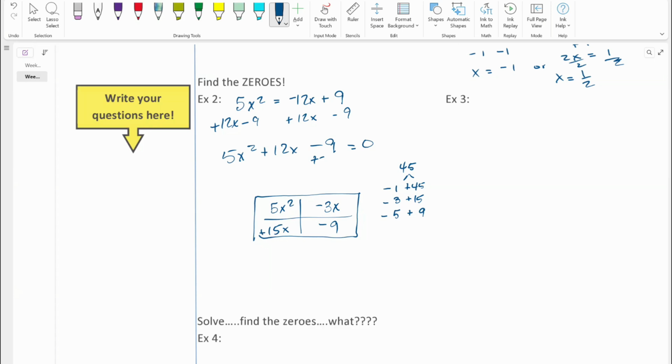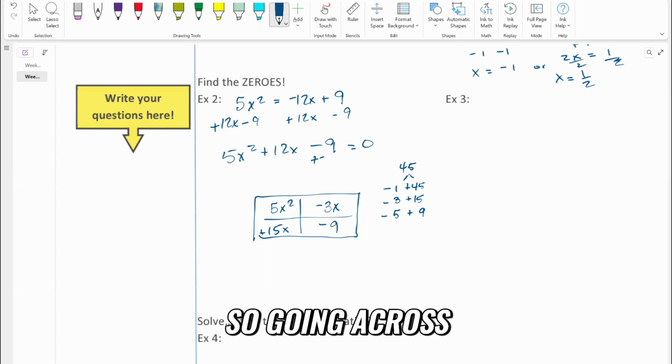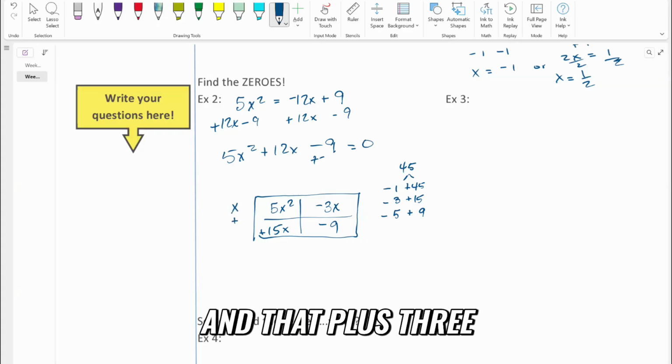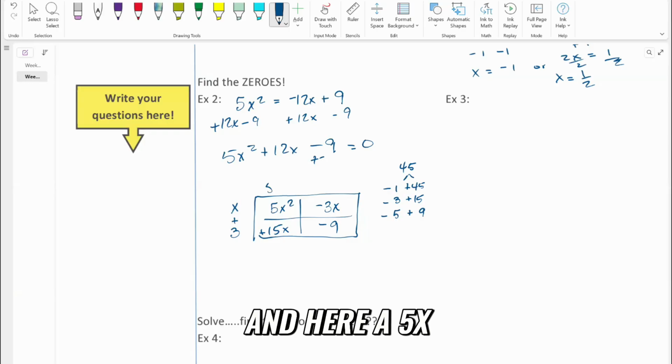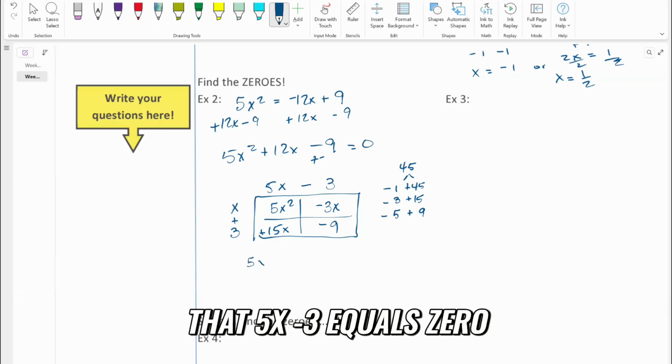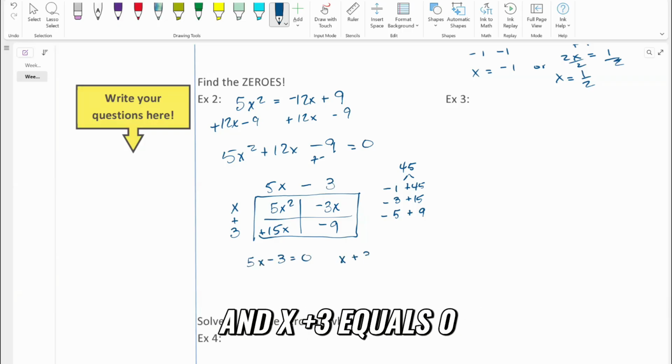Right? Okay, so going across, I can take out an x and a plus 3, and here a 5x minus 3. So now I have 5x minus 3 equals 0, and x plus 3 equals 0.